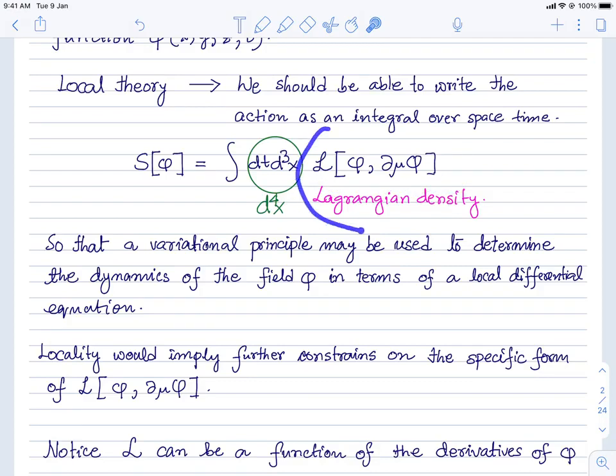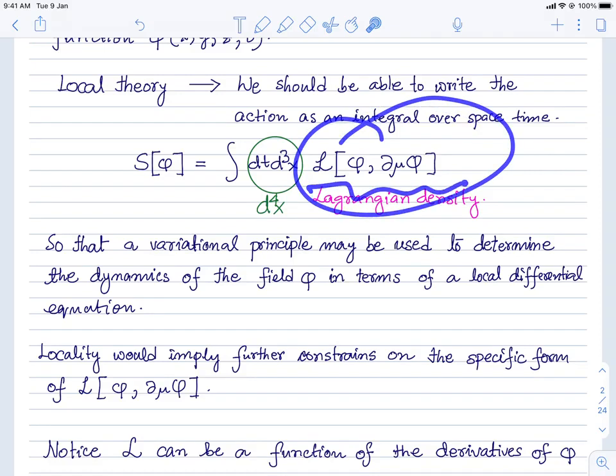Locality perhaps gives further constraints on this Lagrangian density. This is more like a case where, if we have locality with some constraints, if we have this Lagrangian density, then we can write down local equations of motion.